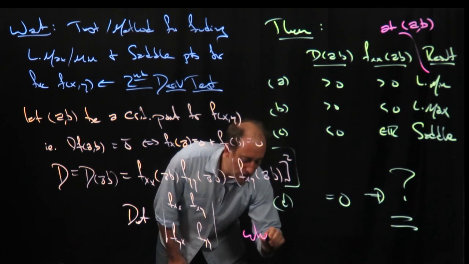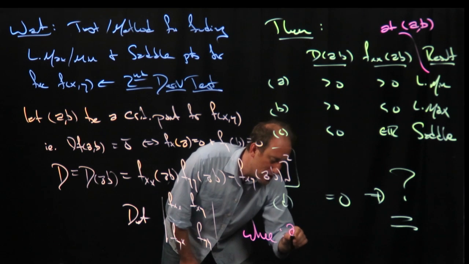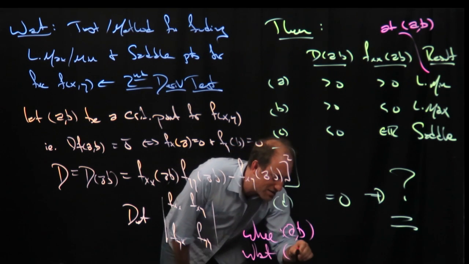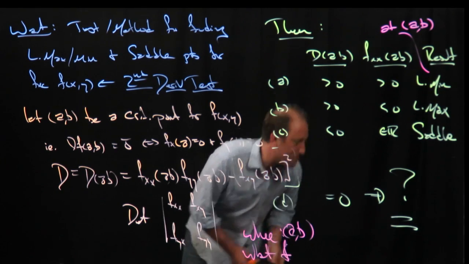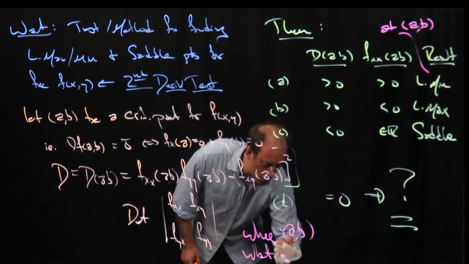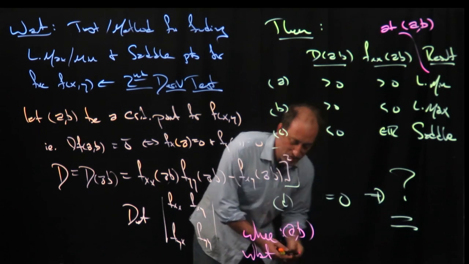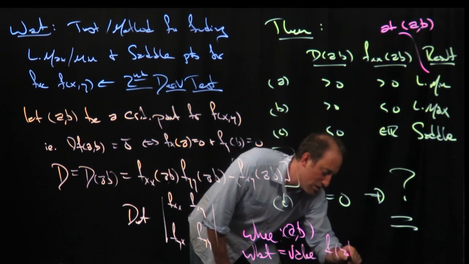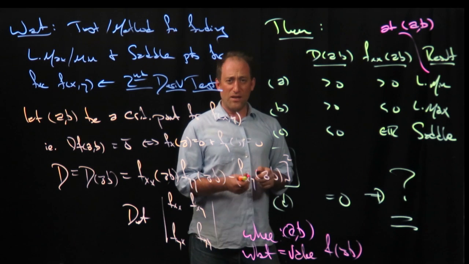So the where is AB. The what, or the value, is f of AB, the actual value.